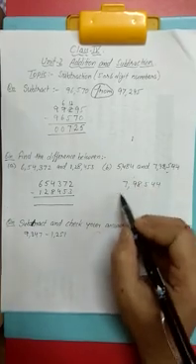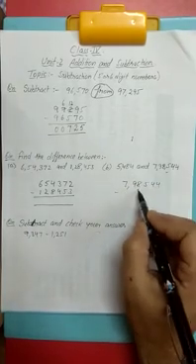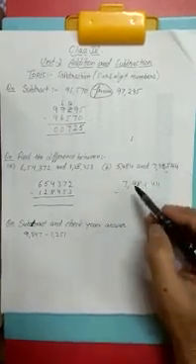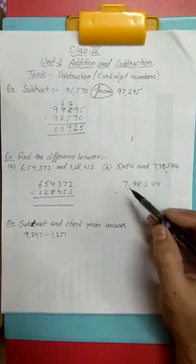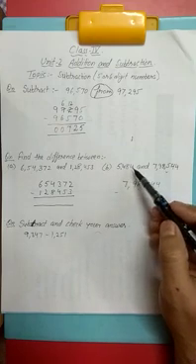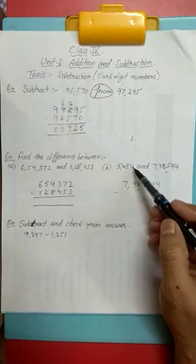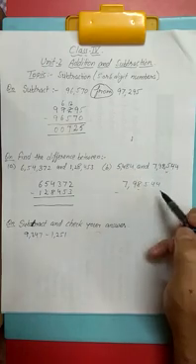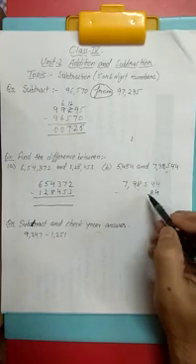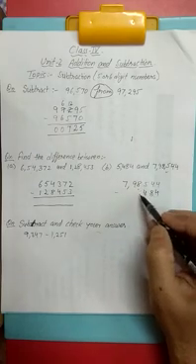7,98,544 minus 5,484. So in this type of question, I have already told you in class 3rd that we have to keep in mind that the digit of the ones place comes under ones, the digit of the tens place comes under tens, hundreds under hundreds, and thousands under thousands.